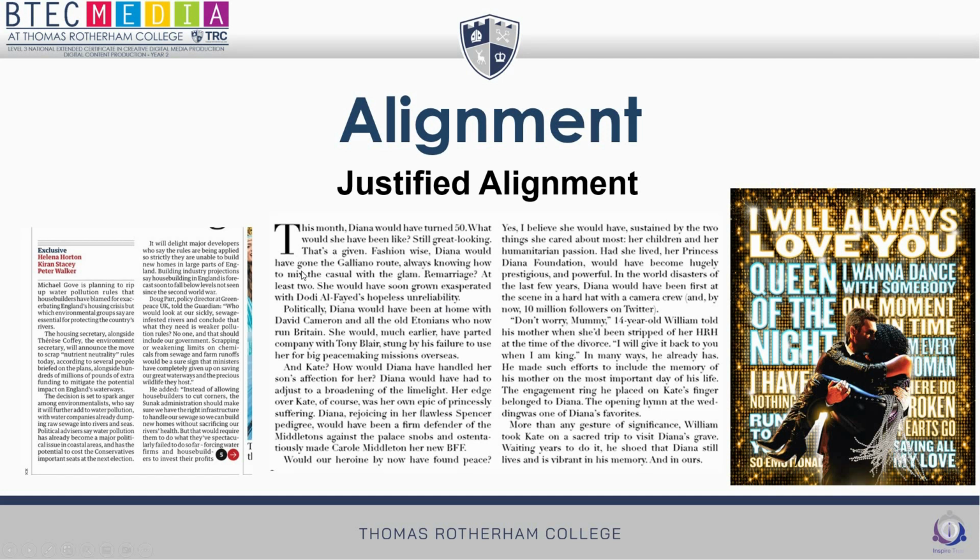So if you look at this example in the middle here, these two columns, you can see that the edge of both columns is nice and flat. Therefore, it's justified. This poster for, I think it's the Bodyguard, the text is flat on both sides. Therefore, it's justified. Alright? Same on this one here. It's flat on both sides. Therefore, it is justified. It doesn't have to be.